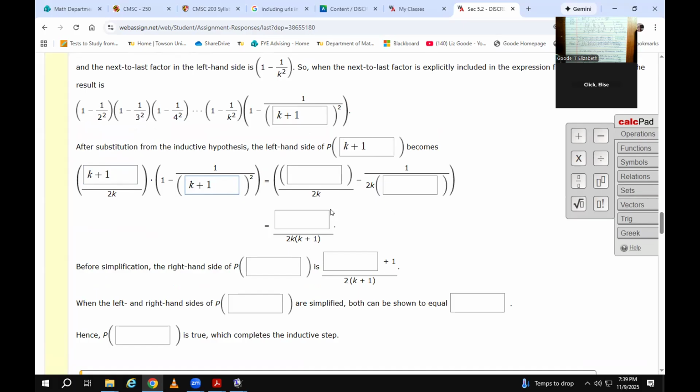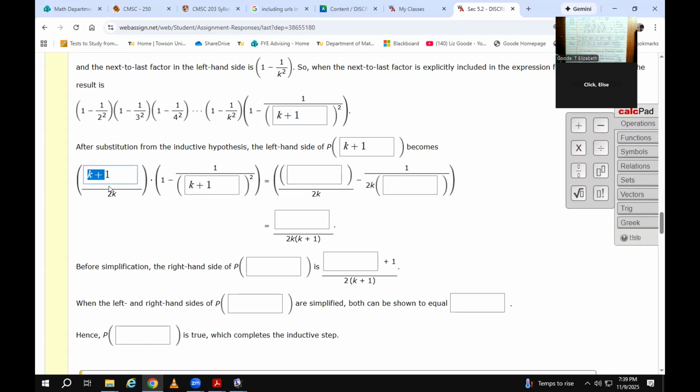So on the top, it would be k plus one or k plus two. Yeah, this one is a little confusing. Let me show you what they're doing. Do you see how this is k plus 1 over 2k?